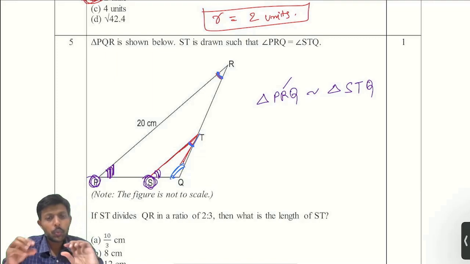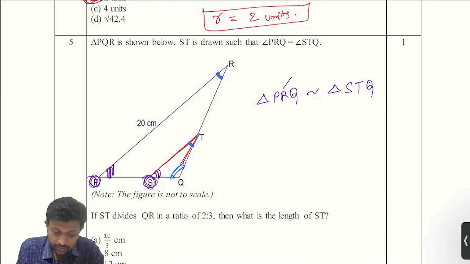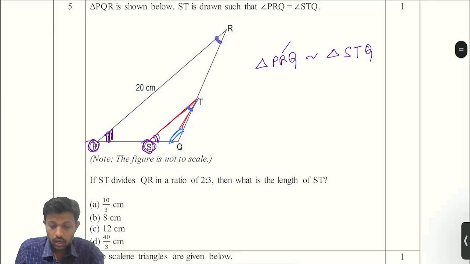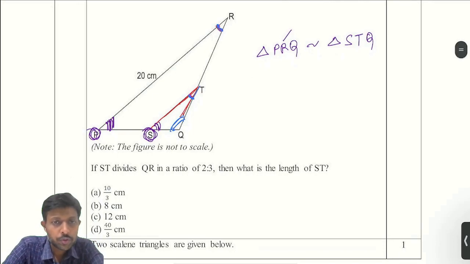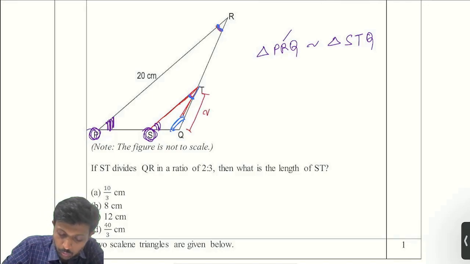With this, we know the relation between their sides. We have to find, see, if ST divides QR in the ratio 2:3, so something else is given to us, that if this is 2, then this is 3.